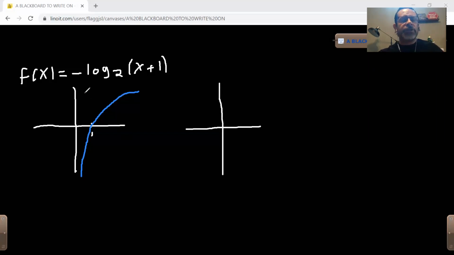So if this is the base function, the first thing that we're seeing here is that we're going to have a negative. Okay, remember what happens when we do the negative? The graph is going to flip. And so now what we're going to have is a negative here. This is the first part that we're going to look at, and this is a reflection.